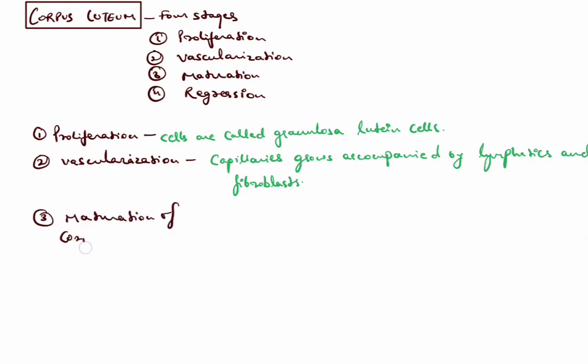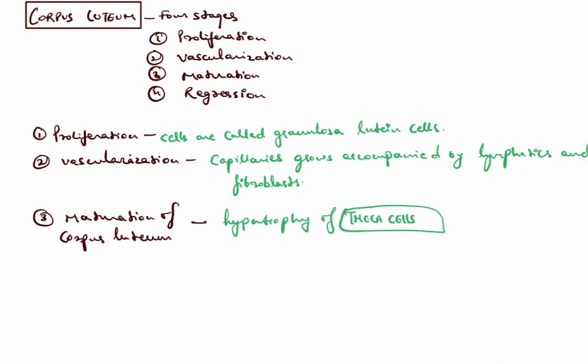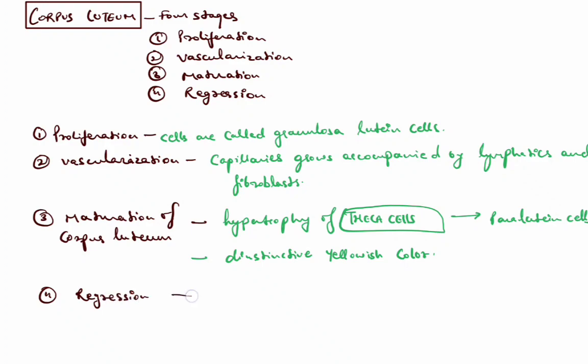Third is the maturation of the corpus luteum. In case there is fertilization, it grows; otherwise it undergoes hypertrophy of theca cells, known as the paralutein cells, giving it the distinctive yellowish color.